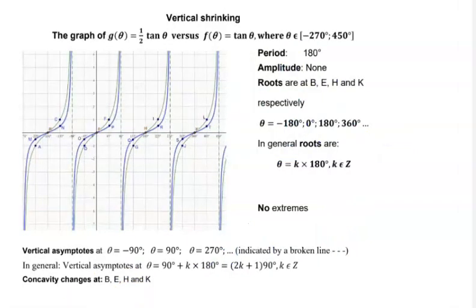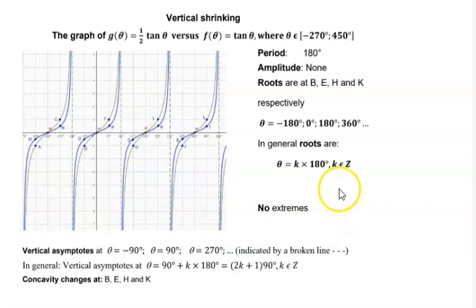On this page, we again have a summary of everything that happened, and you can work through that. The only thing that you have to again note is that we draw a broken line for the vertical asymptotes. Without the vertical asymptotes, we will not be able to indicate how far down this graph goes, and it is necessary to draw it in.